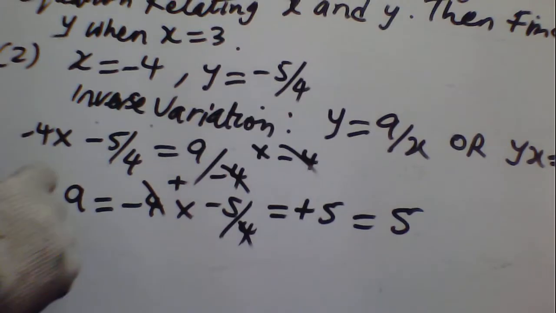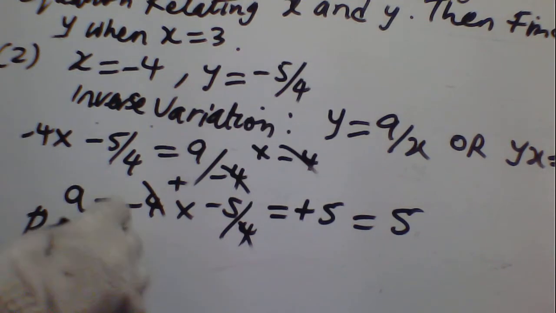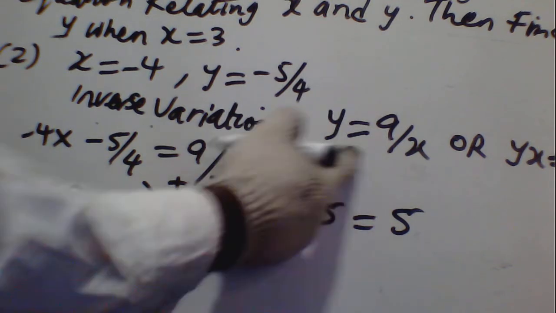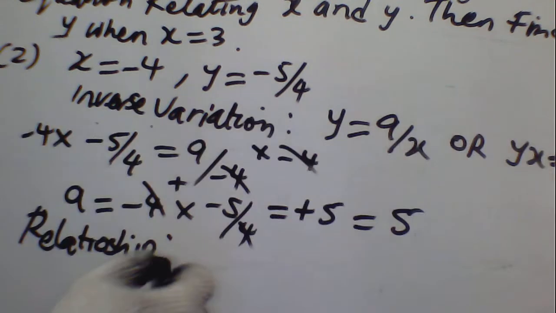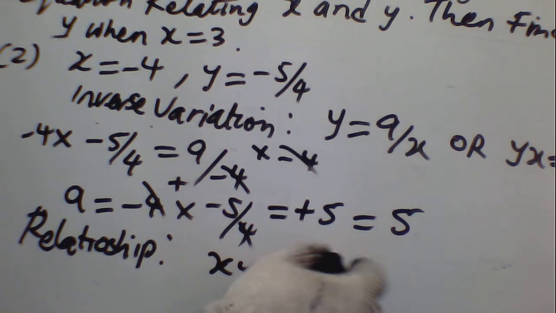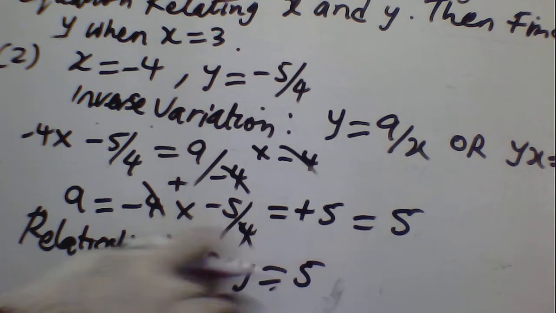So let's get the equation relating x and y. In this case, you move x to this side, as we have seen, so you can always use this one. In this case, I have xy is equals to what? 5. xy is equals to 5.